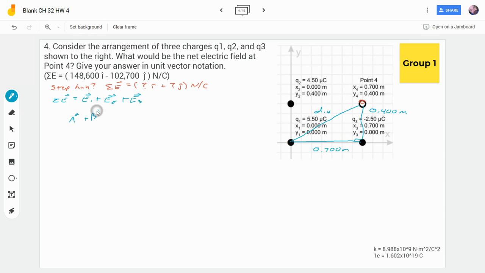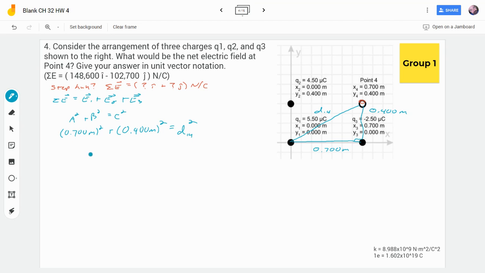Okay, so let's do some Pythagoras. A squared plus b squared equals c squared. So 0.700 meters squared plus 0.400 meters squared is equal to c squared, which is really d14 squared. If I do this in my calculator, 0.7 squared plus 0.4 squared. Oh, somehow I made a syntax error. There we go.